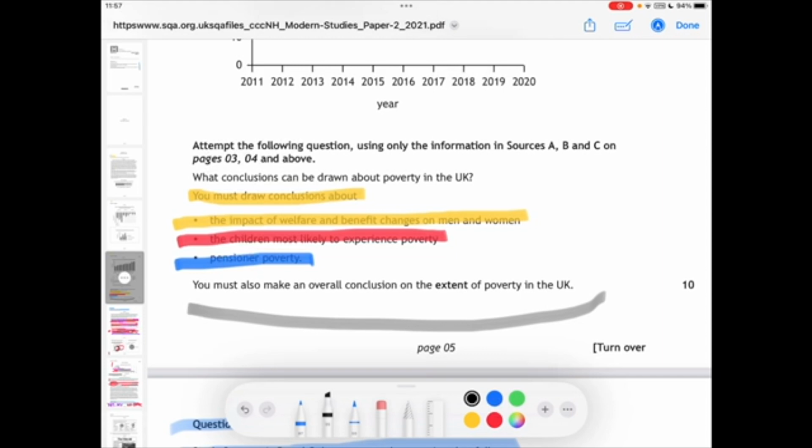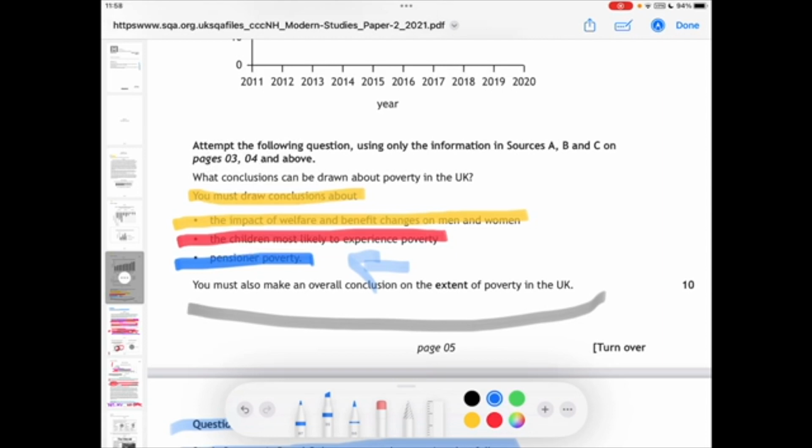So what we'll do, for the purposes of this, is we will do pensioner poverty, okay? The reason I've done these in 3 different colours is because when you're highlighting this in the exam, you should highlight the bullet points in 3 different colours just to make it really clear what examples and what sources match up to what when you're then writing it out.